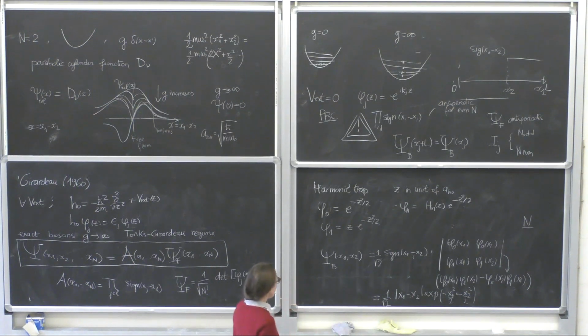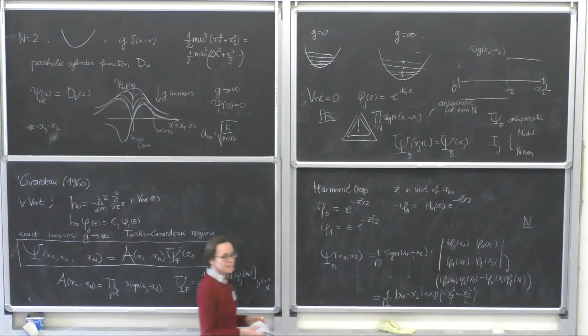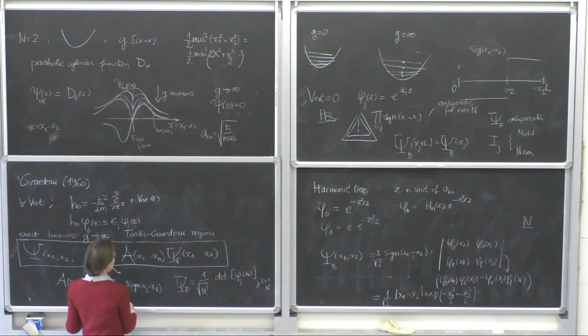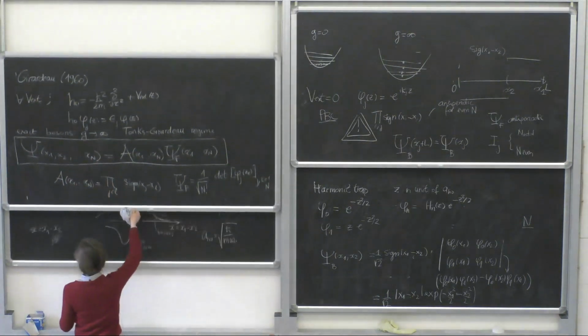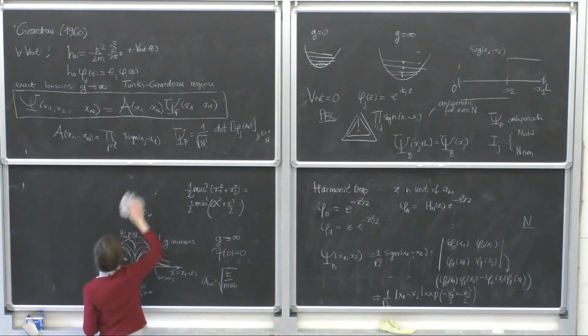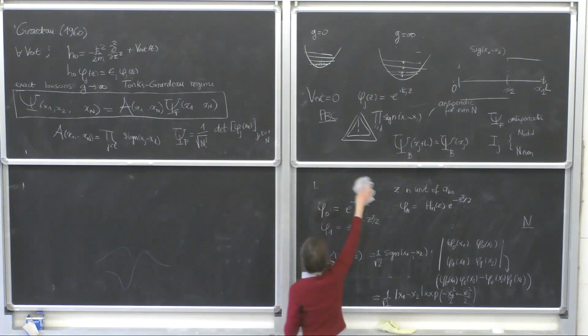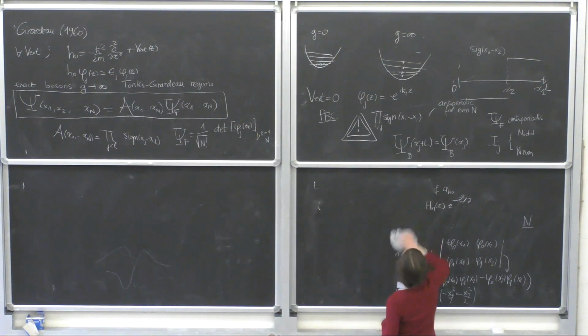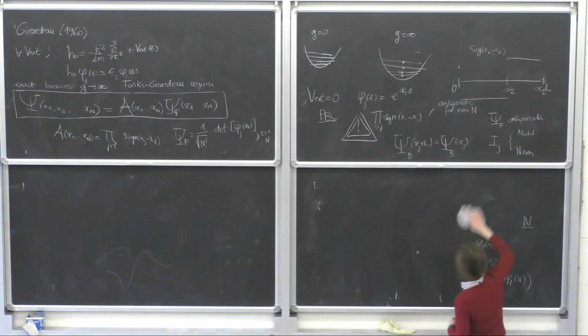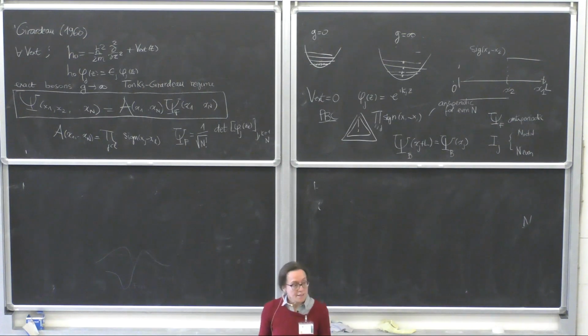Okay, so then, once we know the wave function, let's see how we calculate observables. So we keep the wave function and the many-body observable. For example, is there a Fock space description?